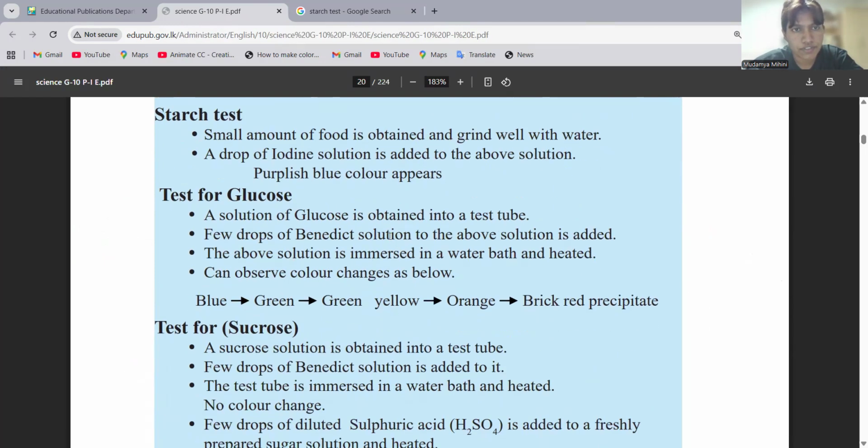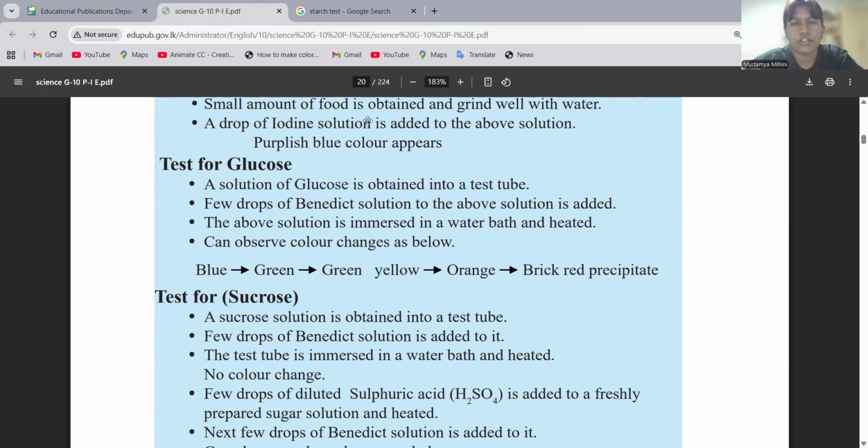Then you have the test for glucose. So glucose is the structural unit of carbohydrates, right? You guys remember that. So what we do is we take glucose into a test tube, and for this we use the Benedict solution. So remember, for the starch test we use iodine solution. For glucose we use the Benedict solution. So after we get a little bit of glucose into a test tube, we add the Benedict solution into this.